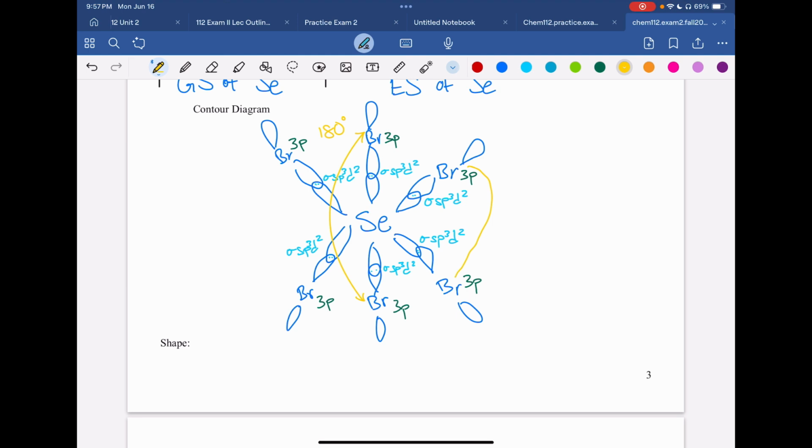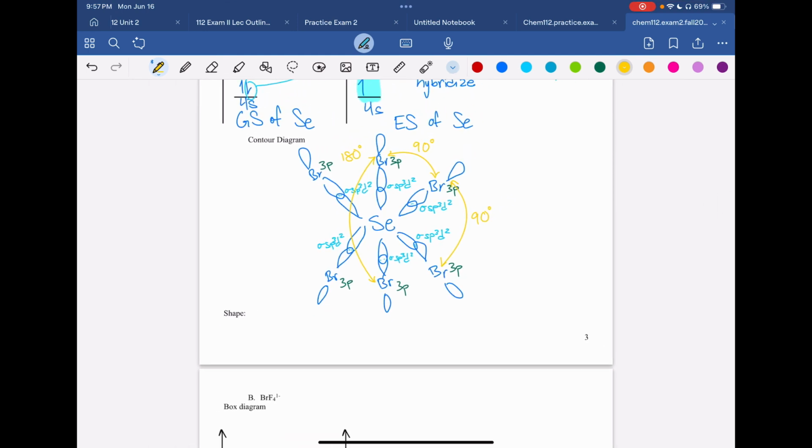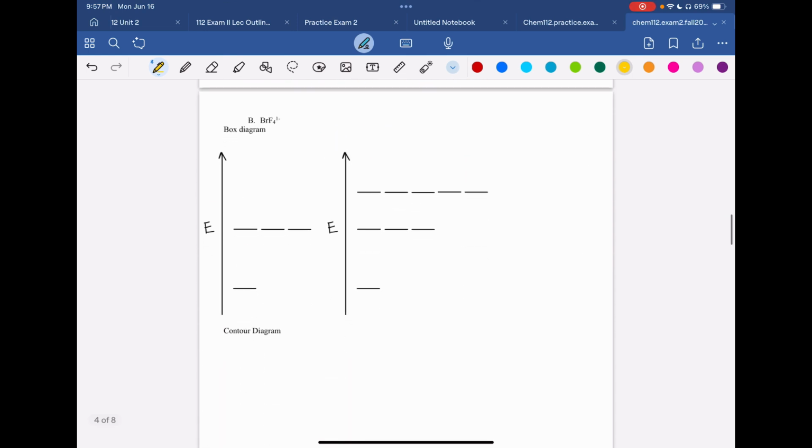Your equatorial to equatorial. This is your 90. Perhaps your axial to equatorial. This one's also 90. Remember, can't help you there. You must memorize those. Bam, there's my contour. Okay.